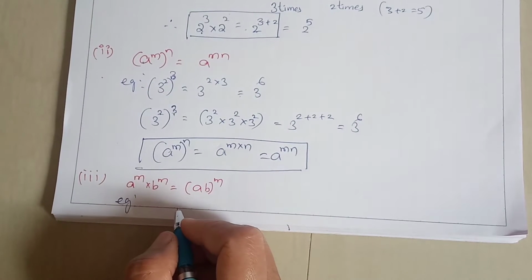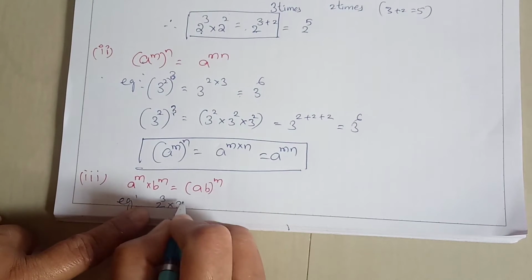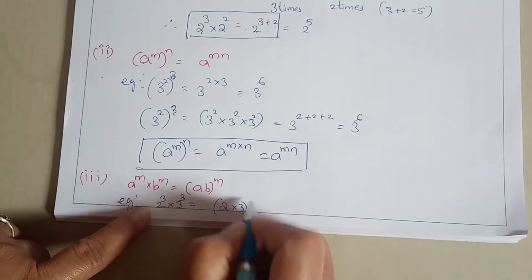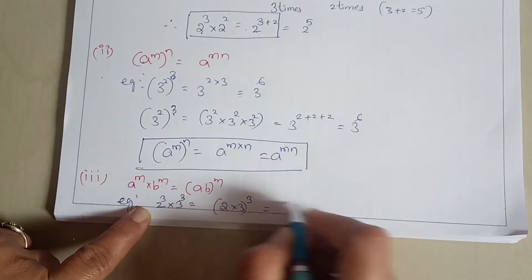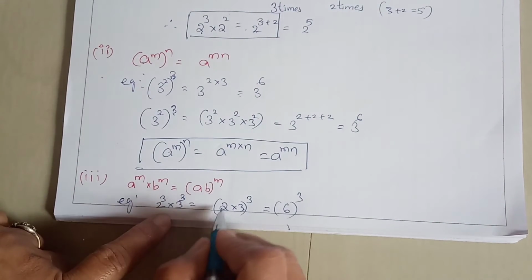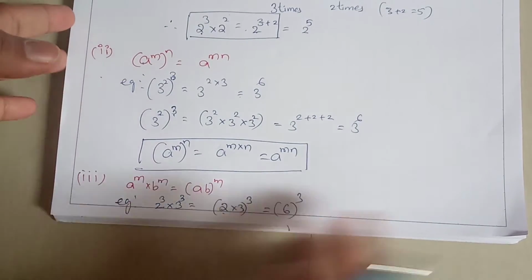Suppose 2 to the power 3 into 3 to the power 3. Then this is 2 into 3 whole to the power 3. We can write it like this, or 2 into 3, that is 6, whole to the power 3. So this is the third formula and one example for it.